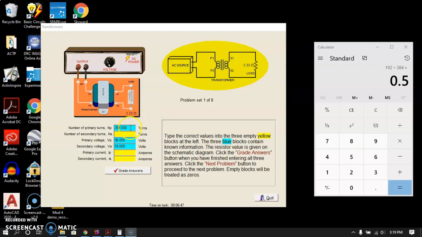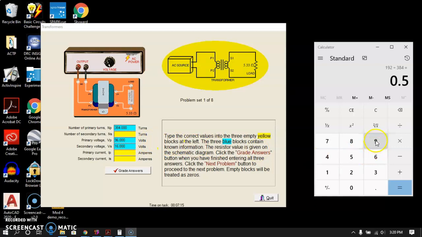Let's look at what they gave us. They gave us turns on our primary at 384. We know the voltage values on both the primary and the secondary. There's 96 volts on the primary, 16 volts on the secondary. Right away, in looking at this, I know this is a step-down transformer because our voltage has dropped from primary to secondary. Okay, our first calculation here is let's figure out how much it dropped by.